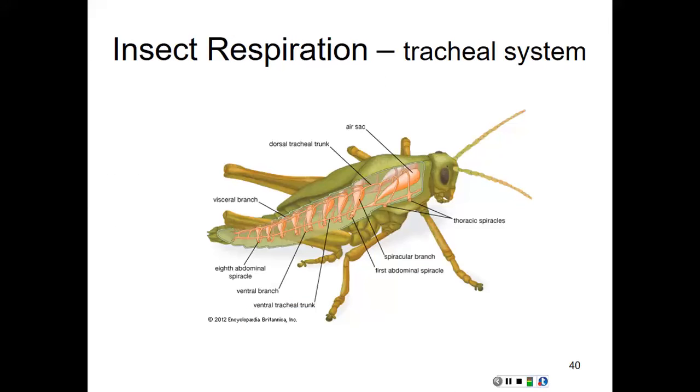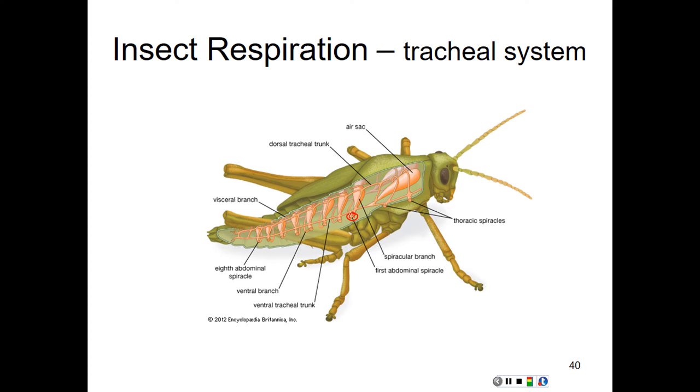Their respiratory system is what we call a tracheal system. So in this tracheal system, we have little openings called spiracles that open to the outside of the body. These spiracles allow air to enter the system.